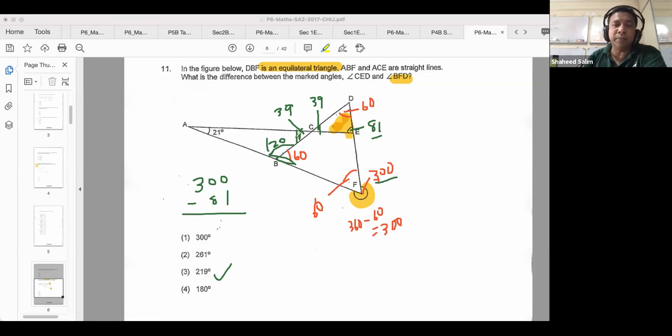Angles in a triangle. You minus, you get 39. This is also 39. Same. So 60 plus 39 plus what equals 180? You minus, you get 81. Then 300 minus 81, you find the difference. Not so tough, right? You can do this.